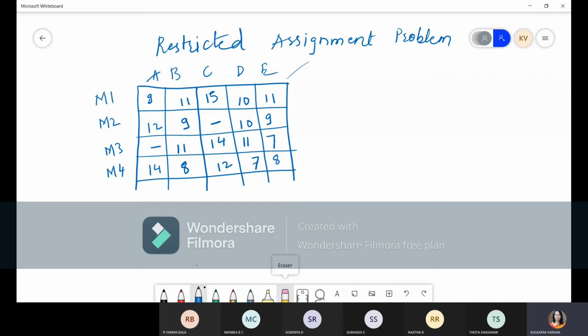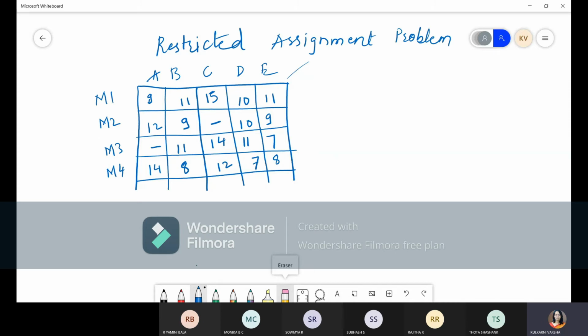Now in this problem you can see that they have not given any values in some cells. M2 to C, this cell has a dash, and M3 to A, this cell has a dash. That means this is the restriction, which says we should not allocate this particular cell to anyone. That's why it is called a restricted problem.